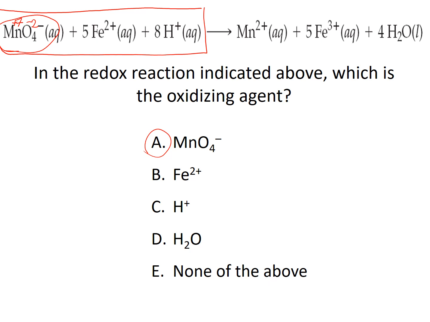On the reactant side, manganese has an oxidation number of +7. On the product side, it has an oxidation number of +2, so manganese got reduced, and if it got reduced, it's going to be the oxidizing agent of the chemical process.